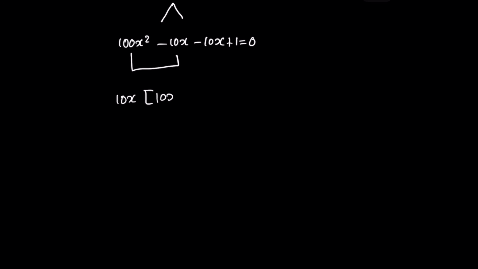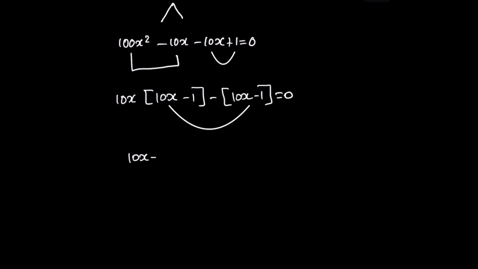So 10x is the remaining and minus 1. For the next terms we take minus 1 outside, so 10x minus 1. Then the 10x minus 1 is common for both, so just take it out. The remaining value is 10x and for the minus sign, minus 1.